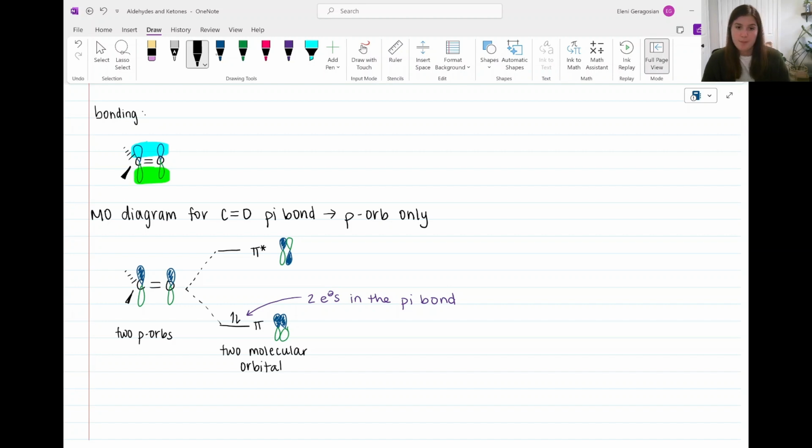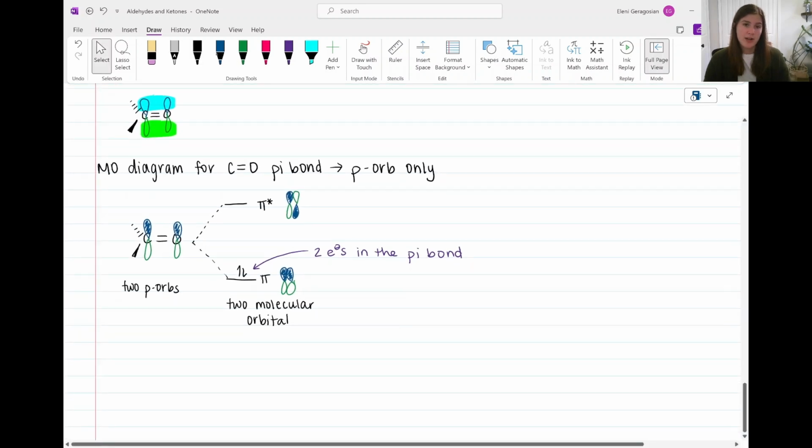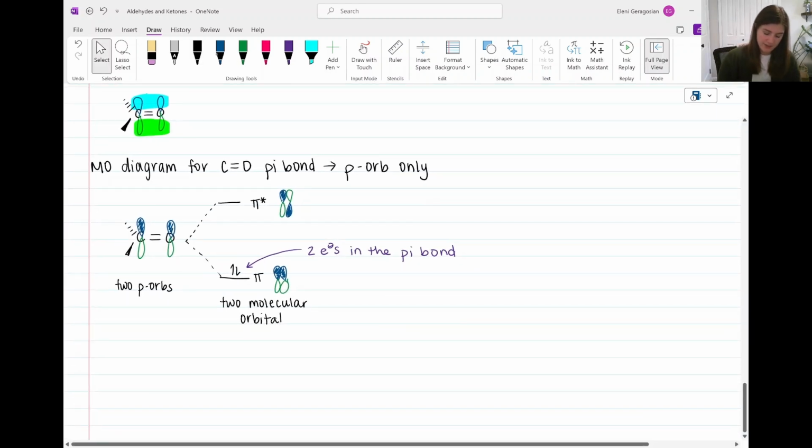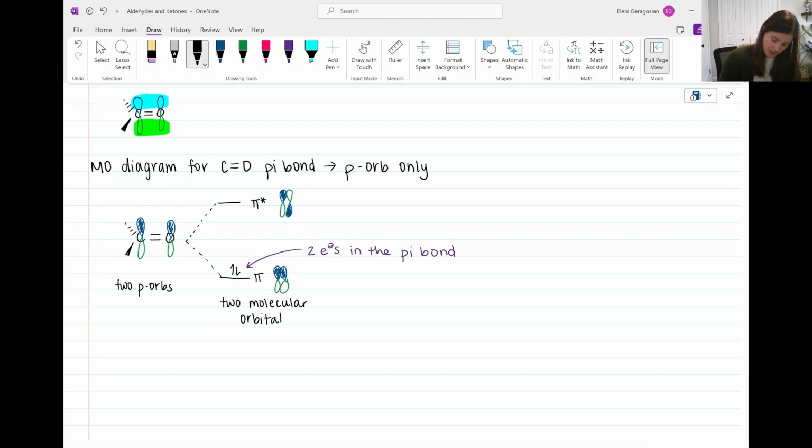Now this pi bonding orbital is full. We have two electrons in the pi bond. So let's describe what happens when we have a nucleophile reacting with that carbonyl carbon. So the pi bond is full, we'll say the pi bonding orbital.